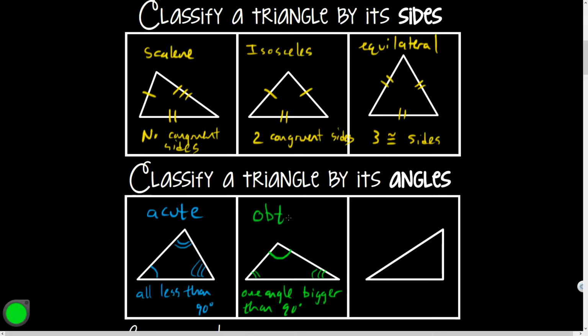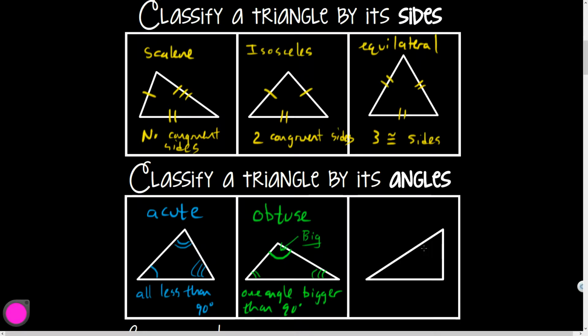That's an obtuse angle, and oddly enough, we also call it an obtuse triangle when this angle is bigger than 90. There can never be 2 obtuse or 3 obtuse angles in a triangle. We'll see that with our later theorems about the triangle sum. That'll explain that.